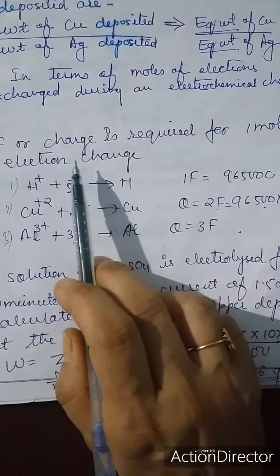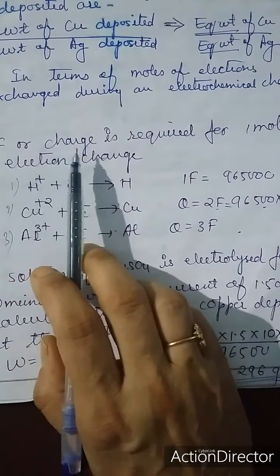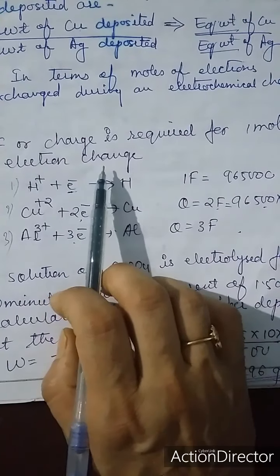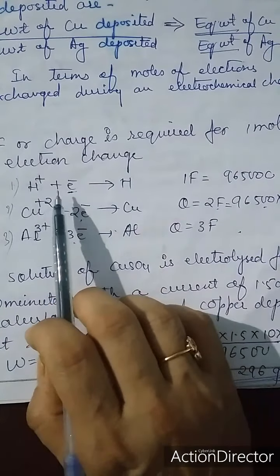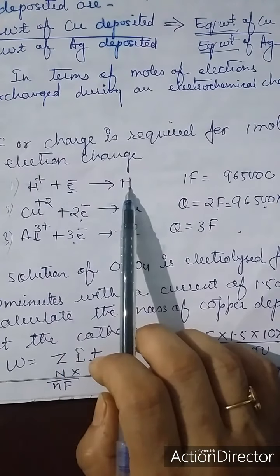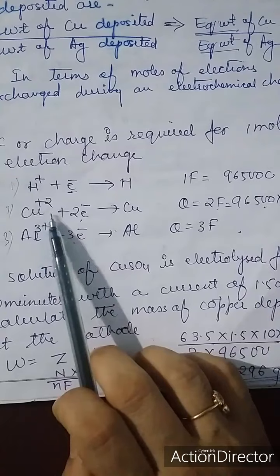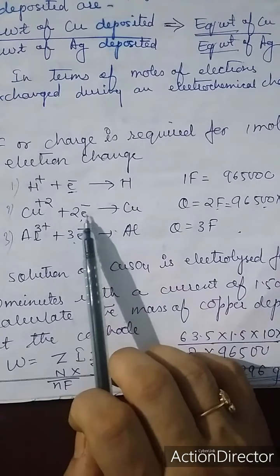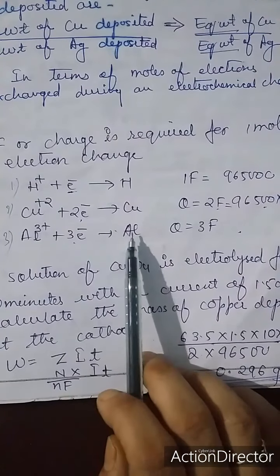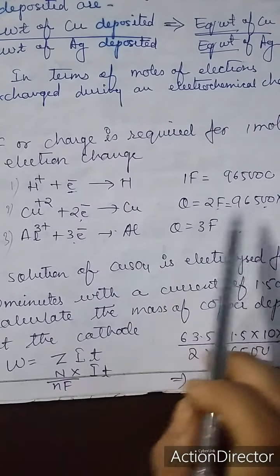Let us try to solve this problem. 1 Faraday of charge is required for 1 mole of electron change. This is the equation where H+ ions take an electron to give H. Copper ions take 2 electrons to give copper, and silver takes 3 electrons to give Al.